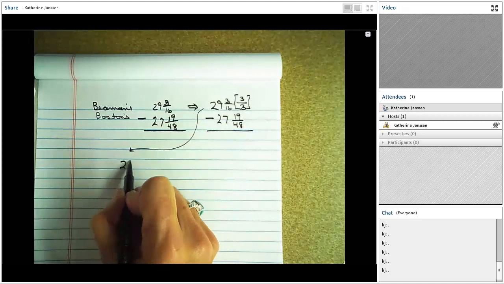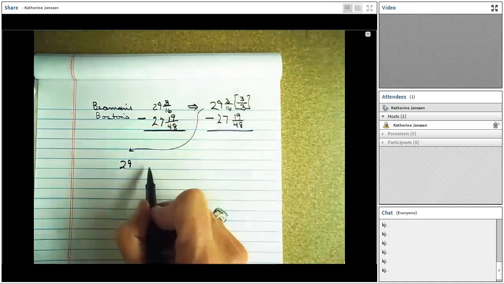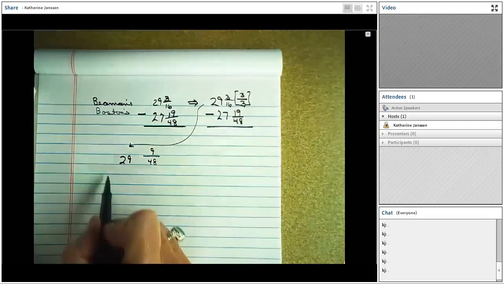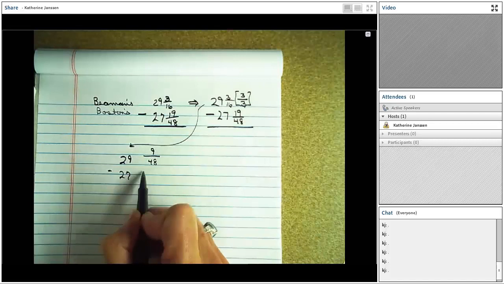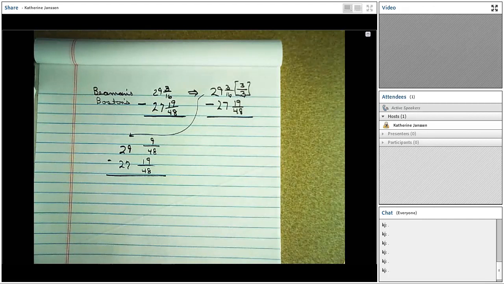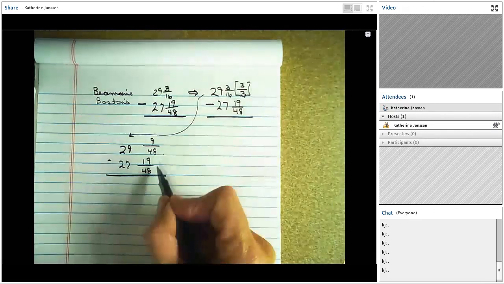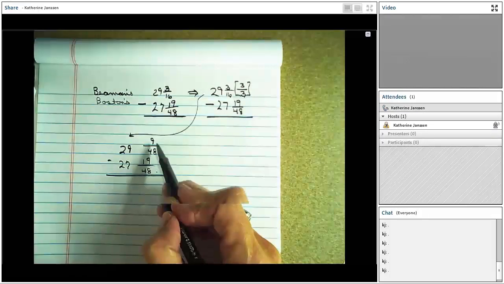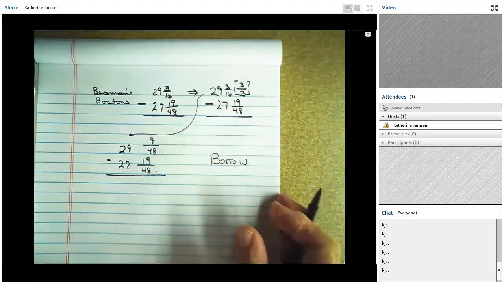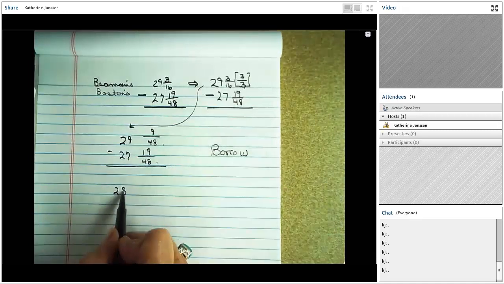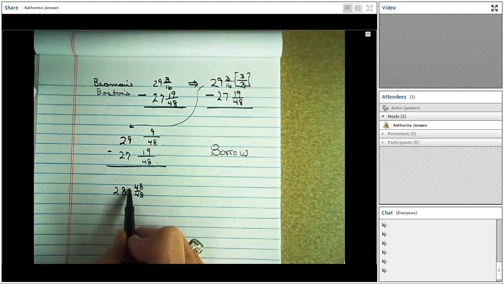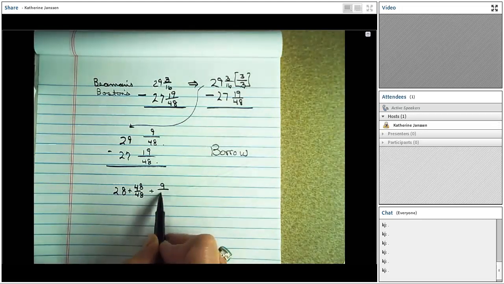So now I have 29, and 16 times 3 is 48, and 3 times 3 is 9. I'm going to subtract 27 and 19/48. Well, I have my common denominator, but I can't subtract 19 from 9, so I'm going to have to borrow. And I remember that 28 plus 1 would be 48 over 48, plus my little bit of 9/48.